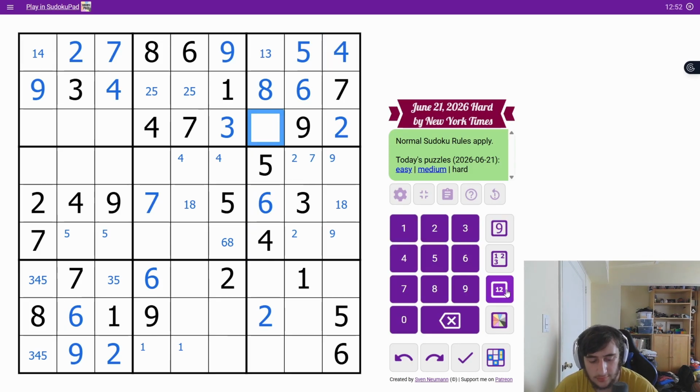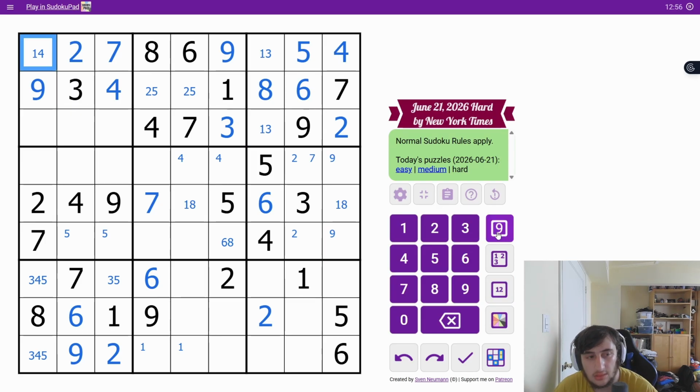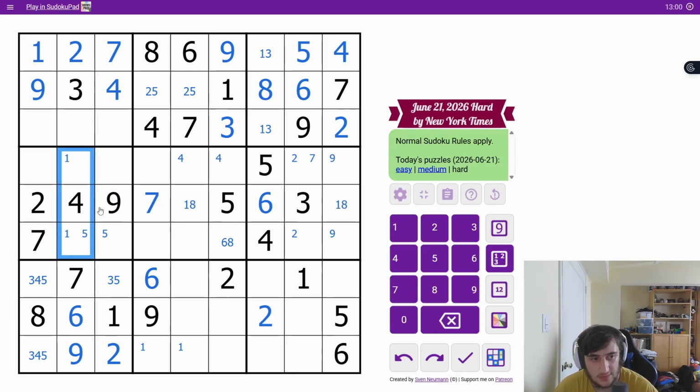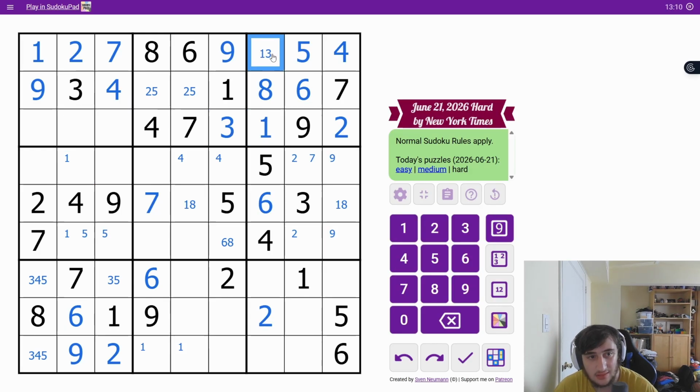This is a 1 or a 3. And this is now a 1. Makes one of these 2 squares a 1. Oh, well that can't be a 3. I should have seen that. So now this is, well, we have a 9 here, so that's a 9. And this is a 7.